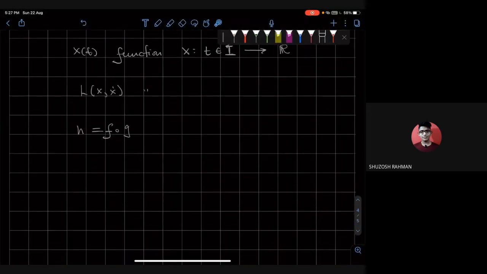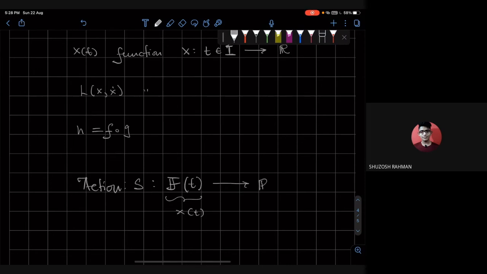So what I was saying is that the action S is a map from the space of functions of t, because these are the paths, right? Elements of this space are paths, to the real numbers.